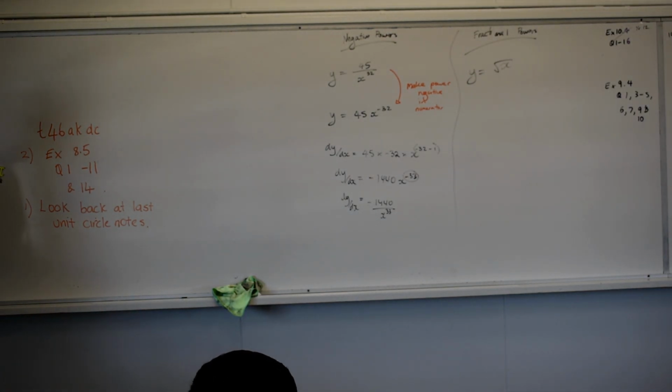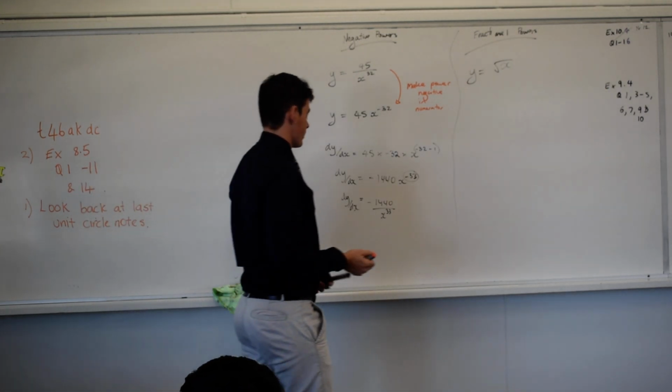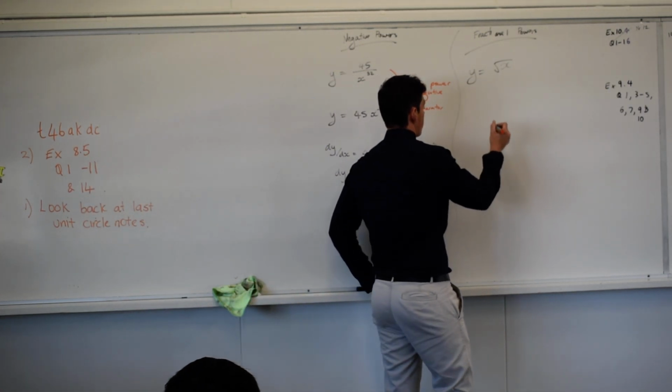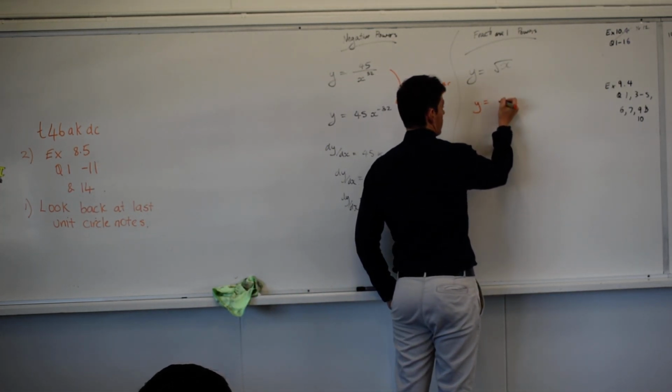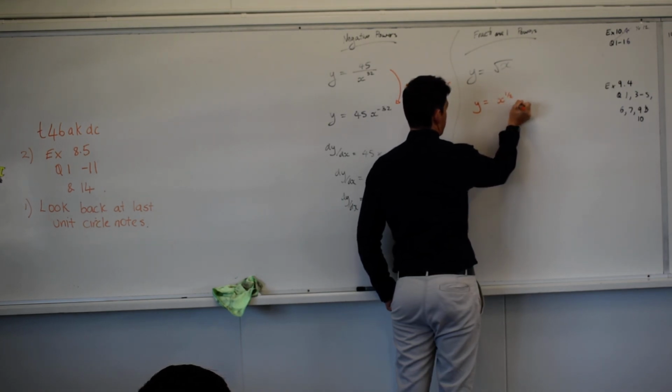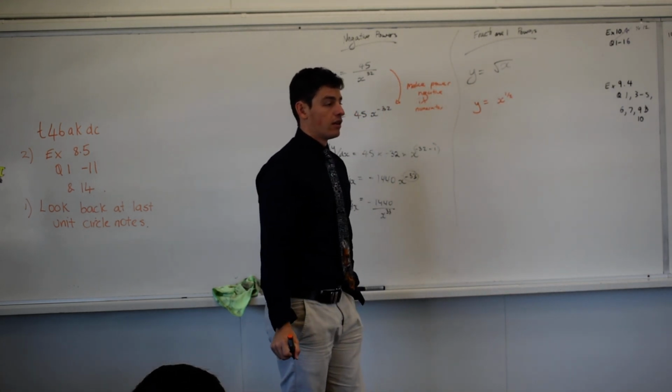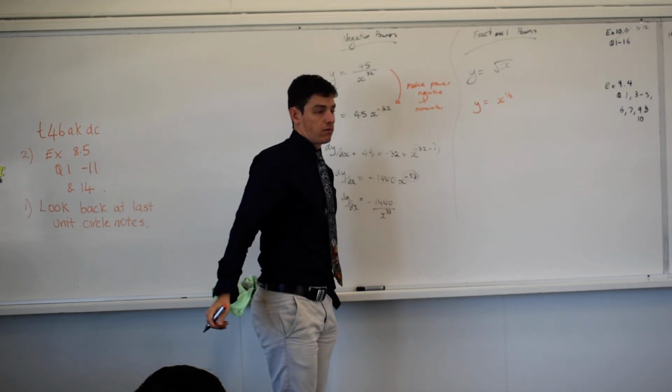That's okay. Okay. y equals square root of x. I'm going to go back to the line. First step, represent that as a fractional power, which as Harry has indicated is x to the power of 1 over 2. Crazy part here, guess what I do?